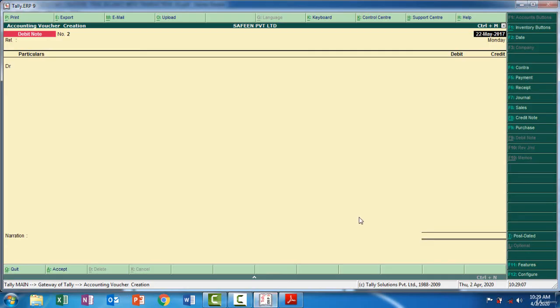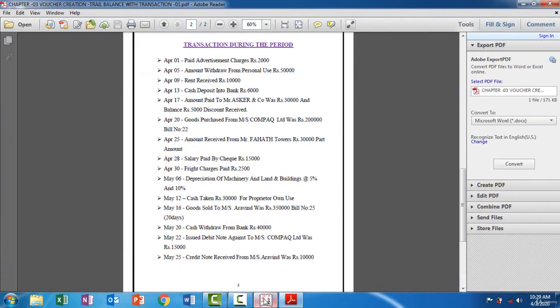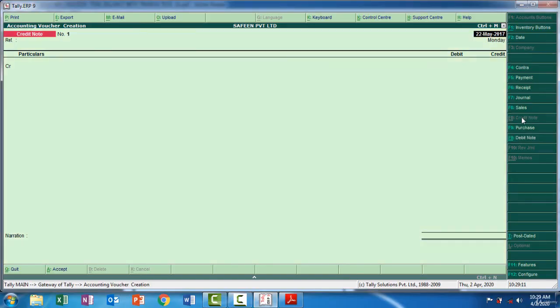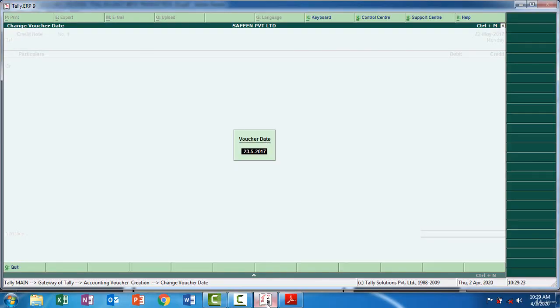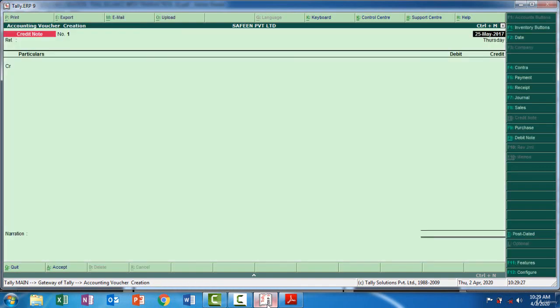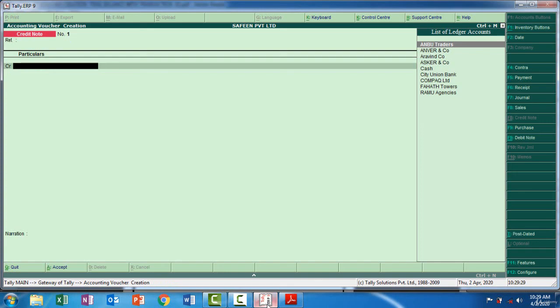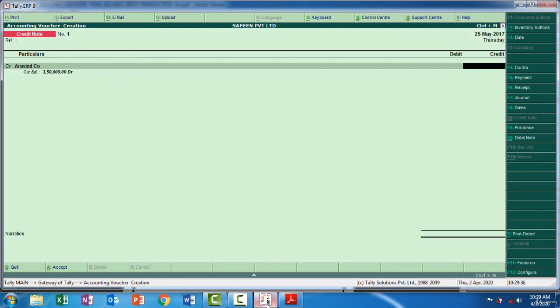I'm going to choose the credit note, and then I'm going to change the date first. The date is May 25, so 25 May. Then credit, what is the credit? Aravind company credit.